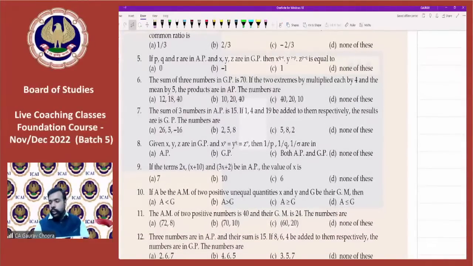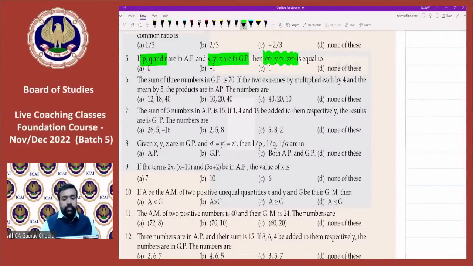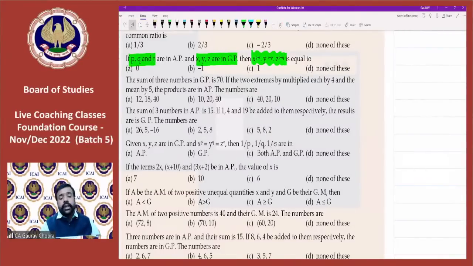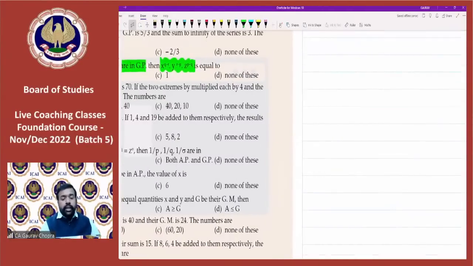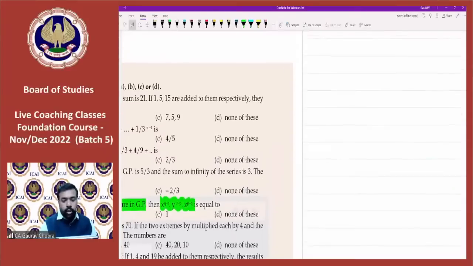If P, Q, R are in AP, and X, Y, Z are in GP, then we have to find the value of this. Whenever it is given that these numbers are in AP and these are in GP, we can do some assumptions for solving.